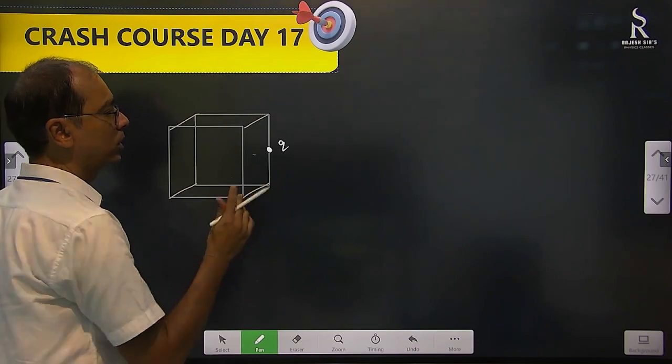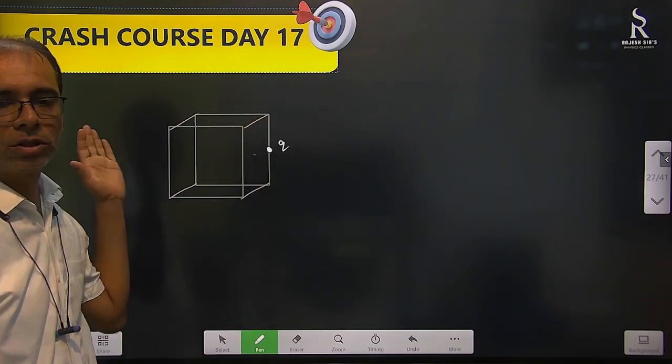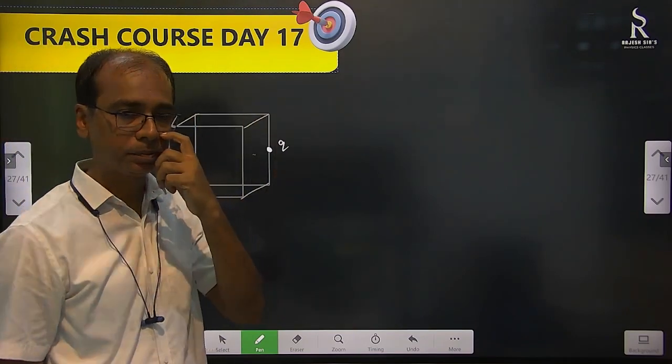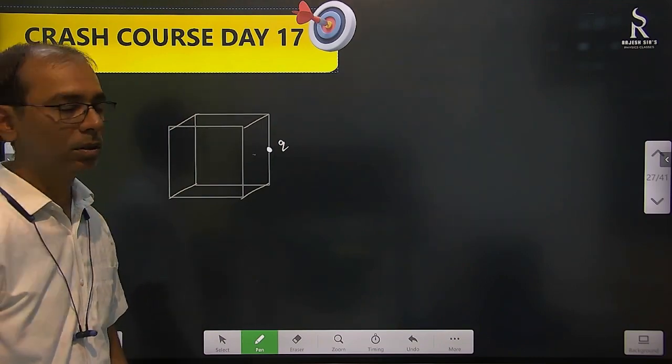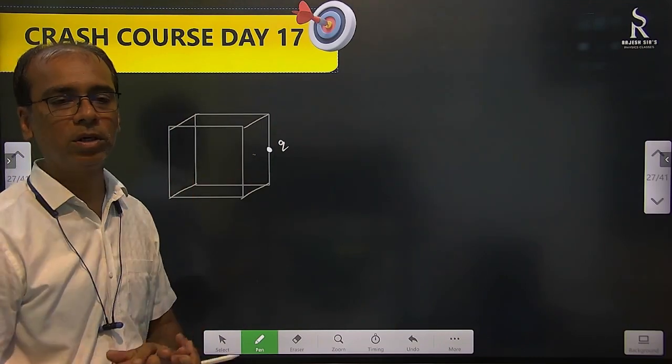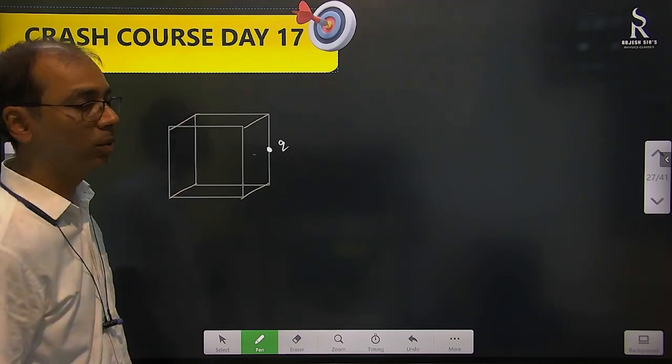But to close it, we make one more cube on this side. So we'll say that through this it is Q by 2 and that is Q by 2. Through this one, how much? Now this also has to be closed, because this is not inside a closed three-dimensional surface. So what do we have to do?